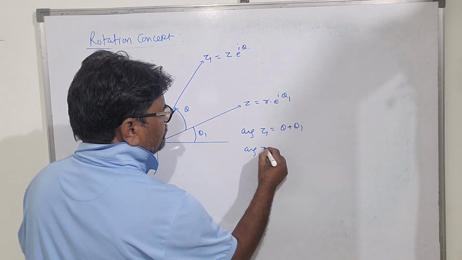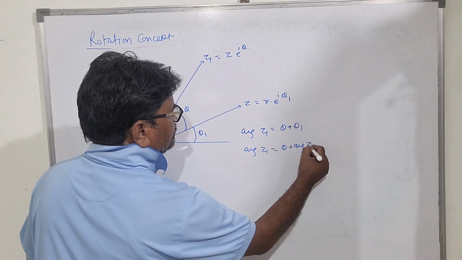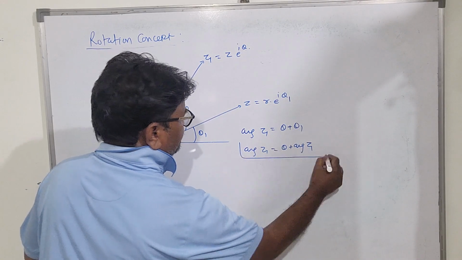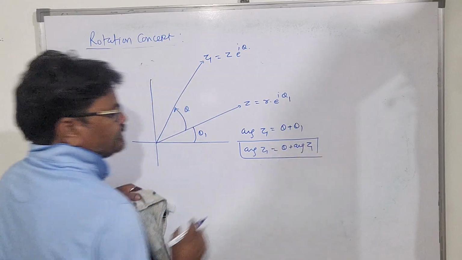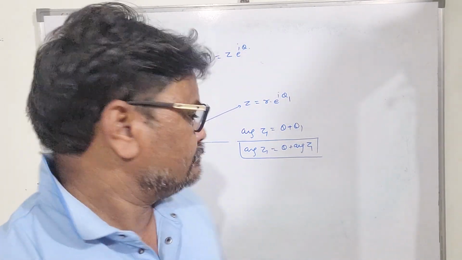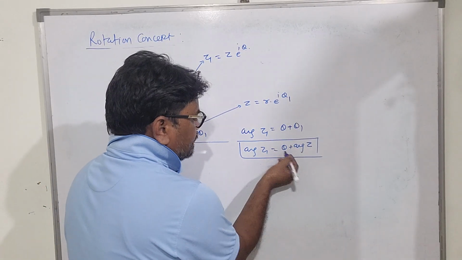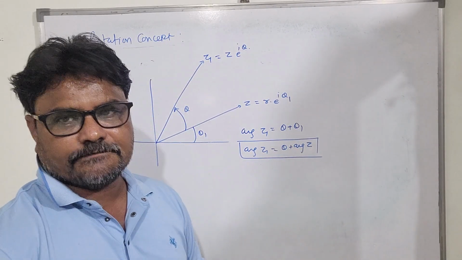That is, argument of Z1 is theta plus argument of Z. Correct? So theta plus argument of Z is your argument of Z1.